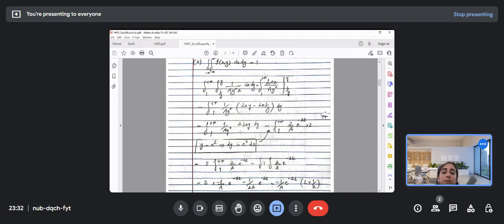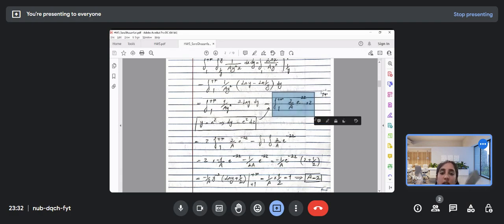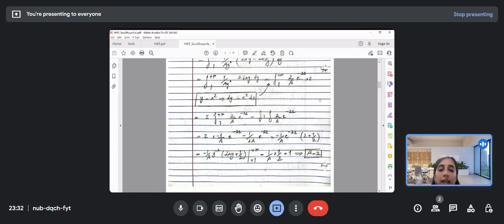So I will substitute all y with e to the power of z, and we should calculate the integral for this formula, which is much easier, and after doing some calculations we can find that A equals 2.